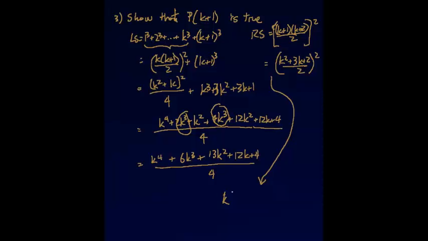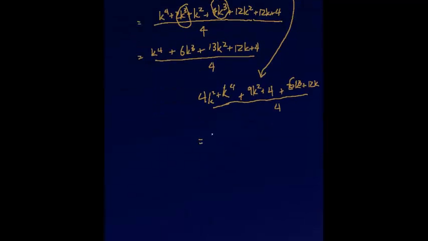So square the first term plus square the second term, square the third term, and then, oh, this is all over 4. 2 times k squared times 3k, that's 6k cubed, plus 2 times 3k times 2, which is 12k, plus 4k squared. And this simplifies after collecting like terms.